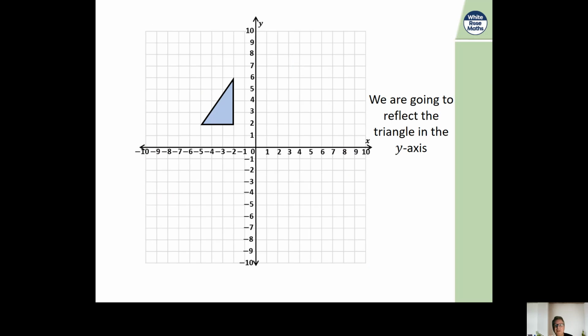There we go. So now it's about shapes, and they're on the coordinate grid. We're going to reflect the triangle in the y-axis. Now remember, this is the y-axis, and the y-axis continues all of the way down, so that this is the other end of the y-axis. So there's a vertex.